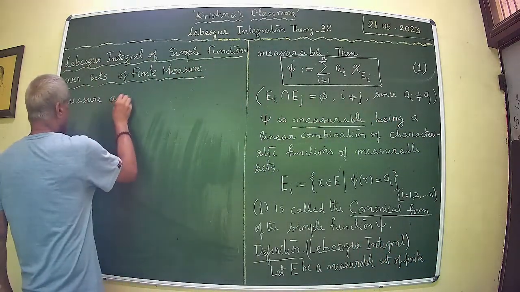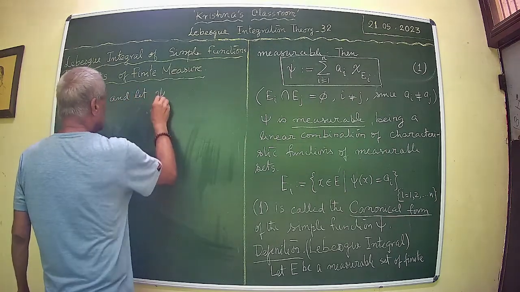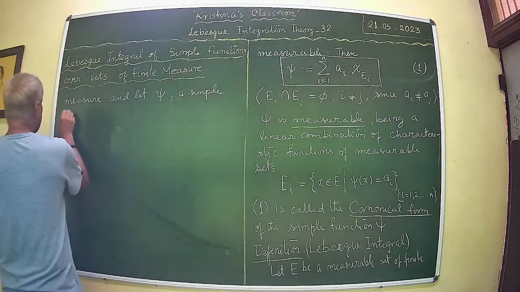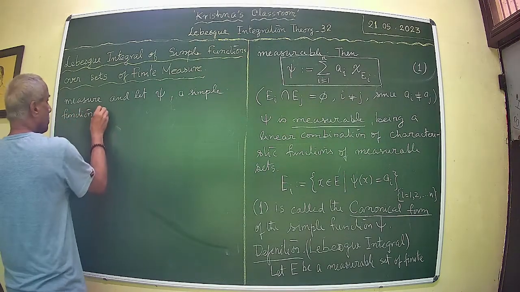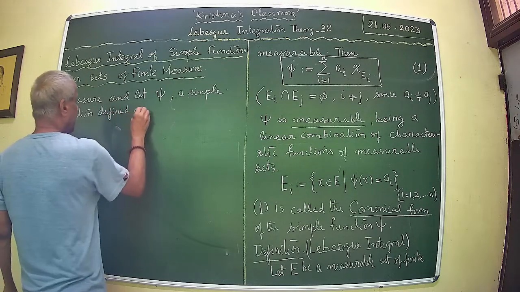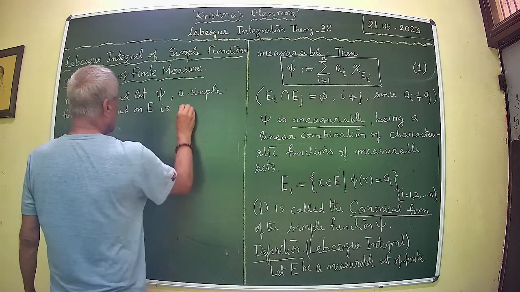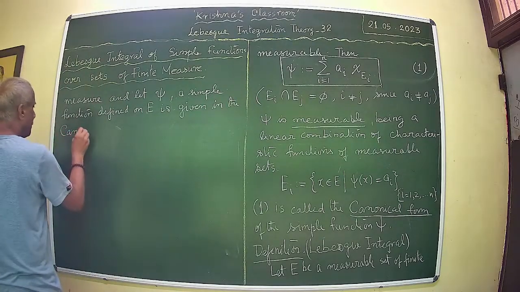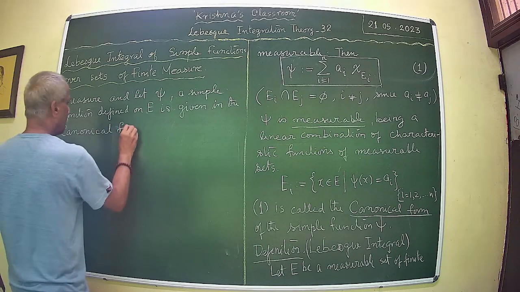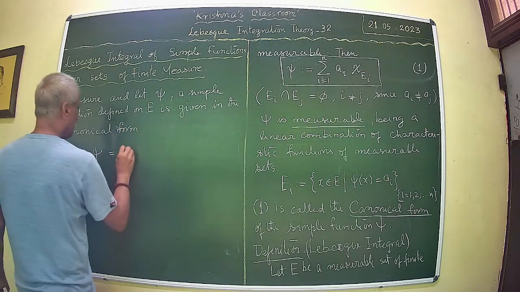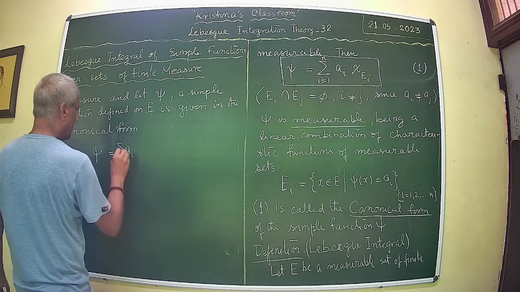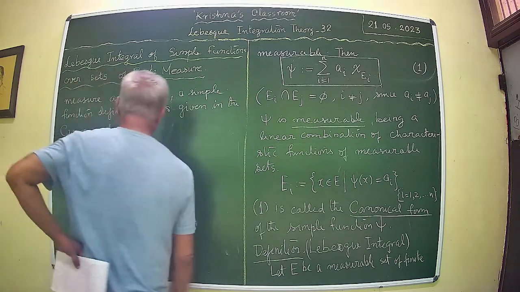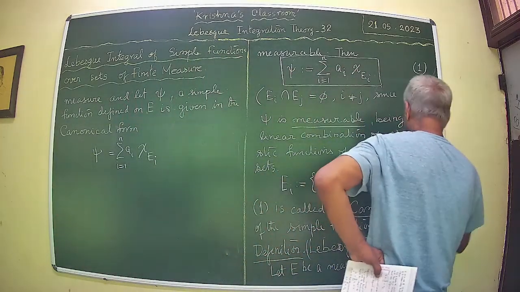And let psi, a simple function defined on E, be given in the canonical form, the sum of ai times the characteristic function of Ei, where Ei is as given by 2.